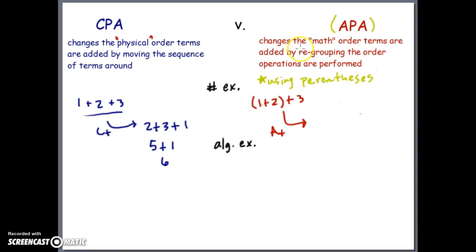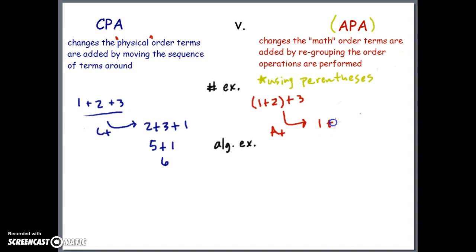Whereas the associative property changes the math order. So it's changing the order that terms are added, but it's the math order, not the physical, by regrouping the order of operations in the way that they're performed. So we're using parentheses to do this. If we had the expression 1 plus 2 plus 3, where these two were added first, let's say we wanted to add the 2 and the 3 first, and then the 1, instead of rearranging or moving terms around with the commutative property, we can just say, okay, let's add the 2 and the 3 and leave them where they are.